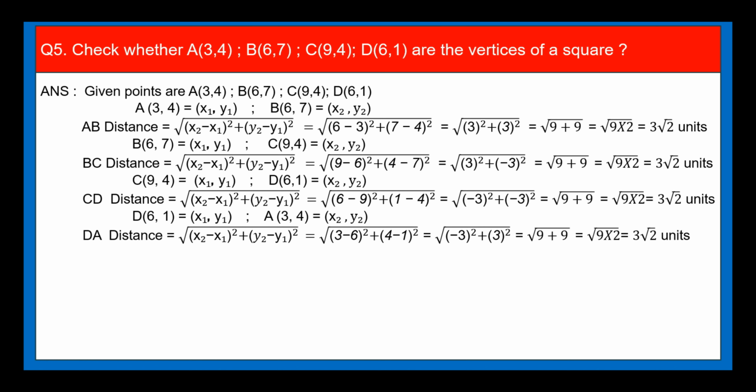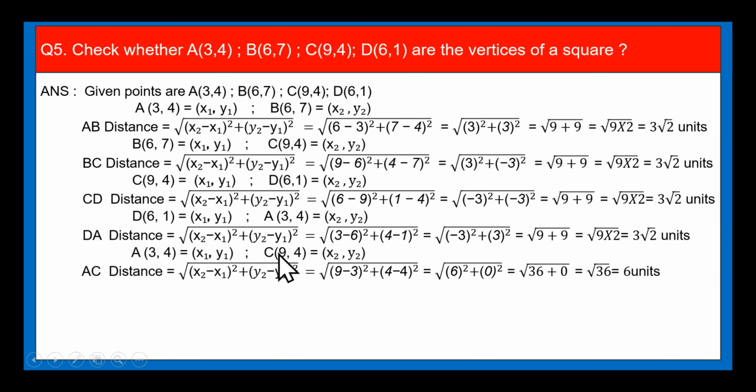Now let us verify the length of the diagonals also. The first diagonal, A and C. The coordinates of A (3, 4) as x1, y1 and the coordinates of C (9, 4) as x2, y2.